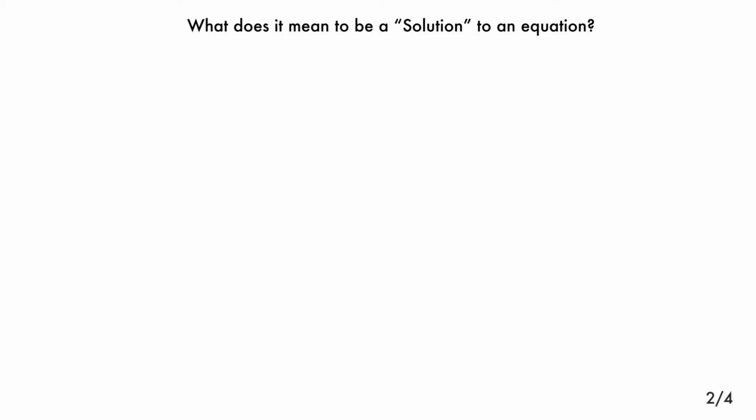Here's another example. If I gave you the equation 3x minus 8 equals 10, that x, because it's a single variable, has one solution. It actually has a value. We just don't know what it is yet. It is equal to a number.